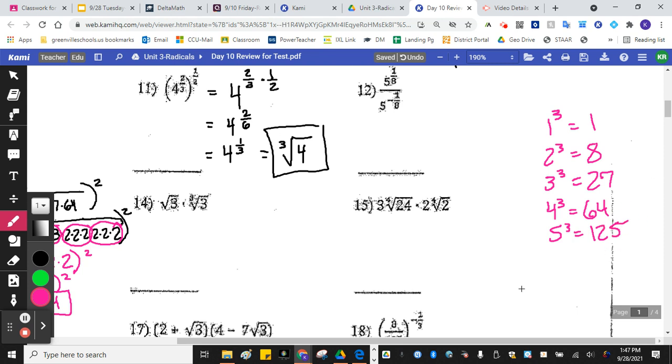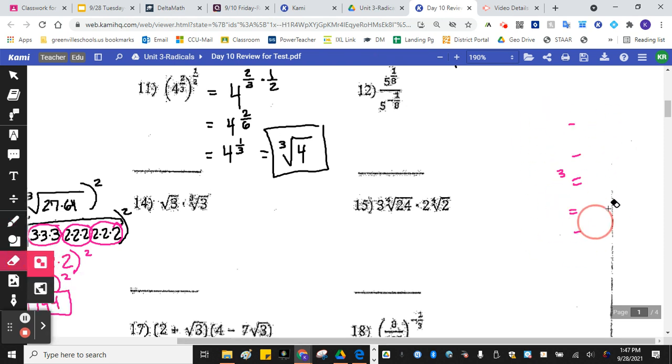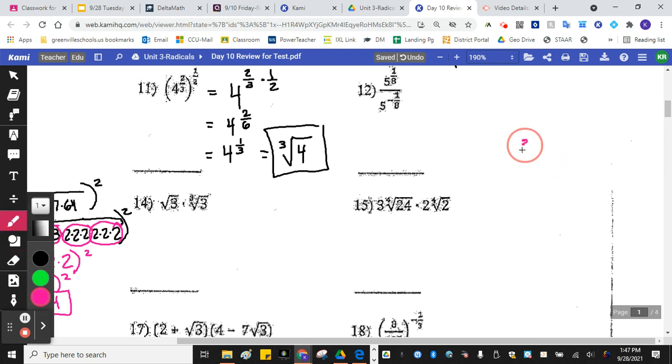So if I was going to memorize some cube roots, it'd be these first at least 3. I guarantee you'll see the cube root of 8 on your test. Cube root of 8 is 2. Cube root of 27 is 3. Cube root of 64 is 4. So those are the numbers. I'd go ahead and memorize a few of them just to make your life easier.